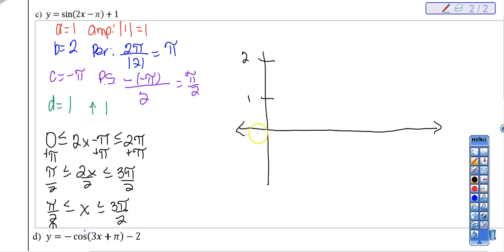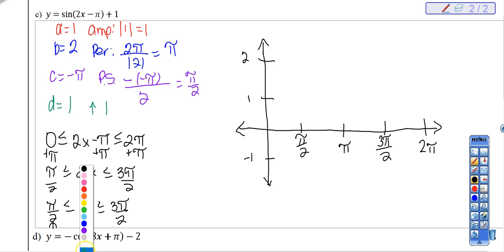So we really don't need the bottom of the graph all that much. And then, let's see. I guess I'll go out here to 2 pi and pi. And then here's your pi over 2 and your 3 pi over 2.